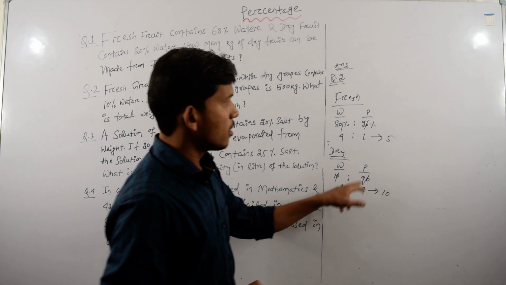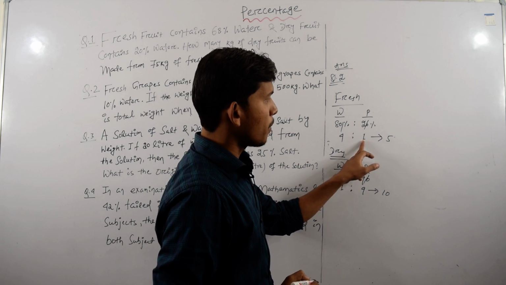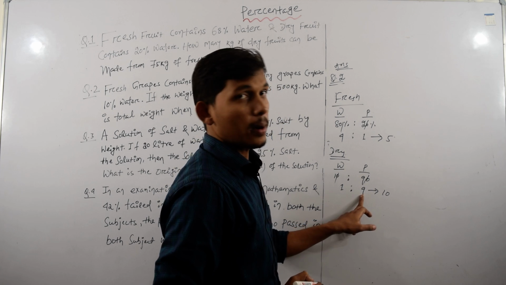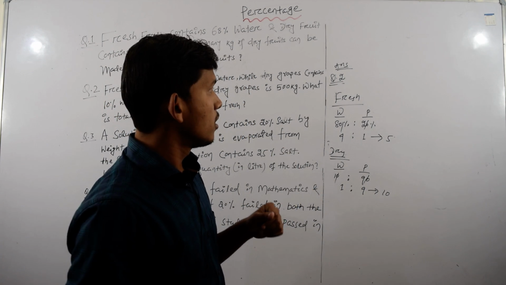Okay, so here you have to see, in fresh grapes the pulp is 1, in dry grapes the pulp part is 9. So you have to equalize the pulp part in both the grapes.